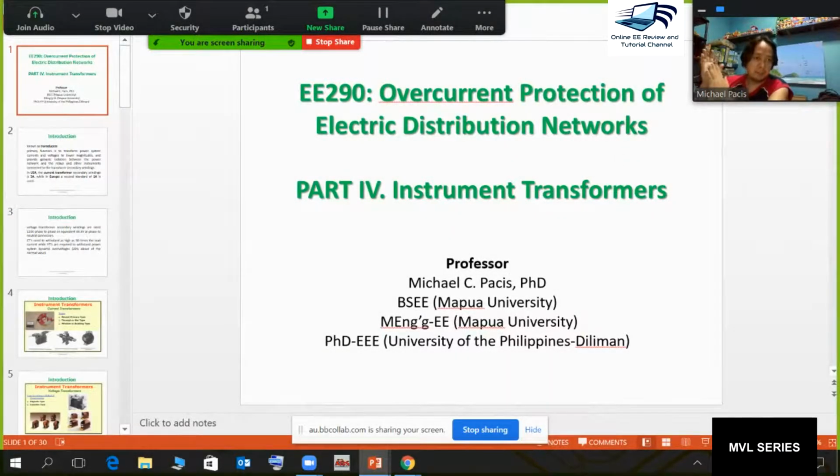So we will discuss the fourth part of our topic for today. The topic is more on instrument transformers. The instrument transformers here are designed for our current transformers, which is a vital part of the design of your current transformer or CT in your relays.